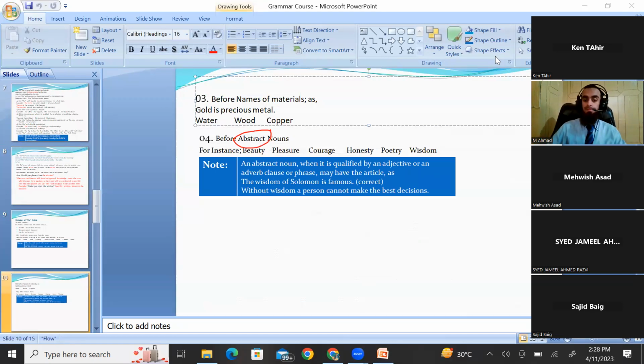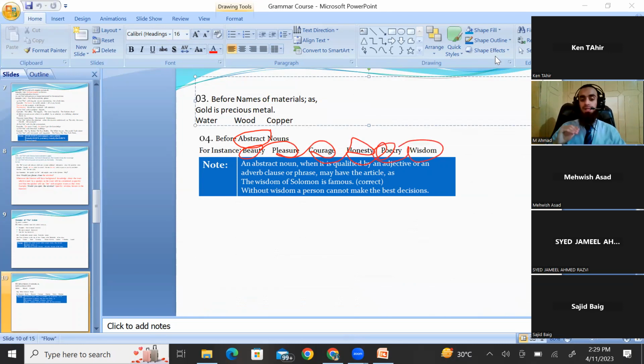Yes, those which we cannot feel with our five senses; rather, we observe them, like freedom, kingdom, truth, lie, hate, love. These kinds of nouns are called abstract nouns. Beauty, pleasure, courage, honesty, poetry, wisdom.